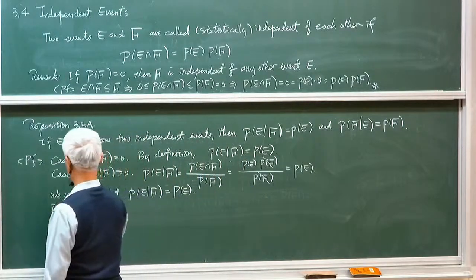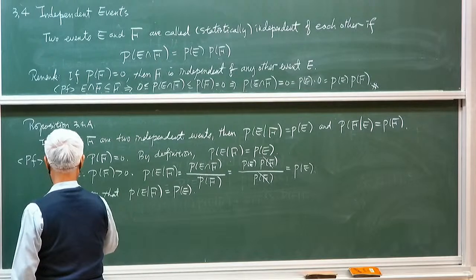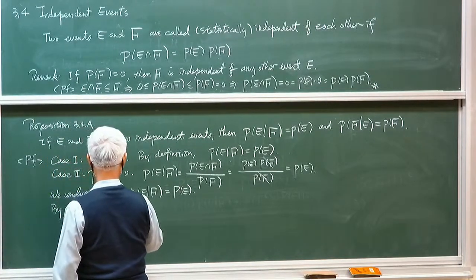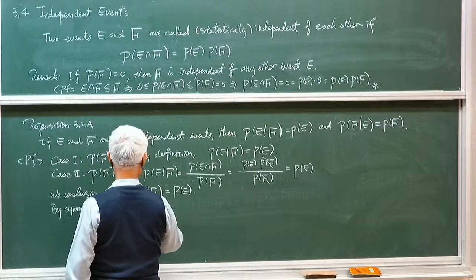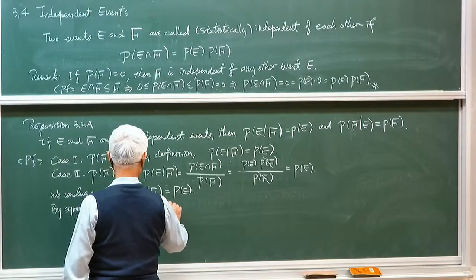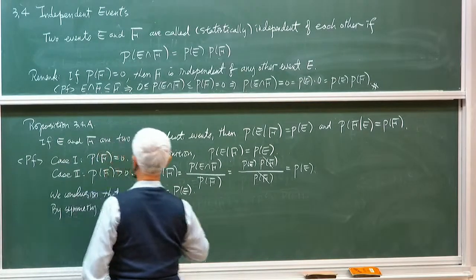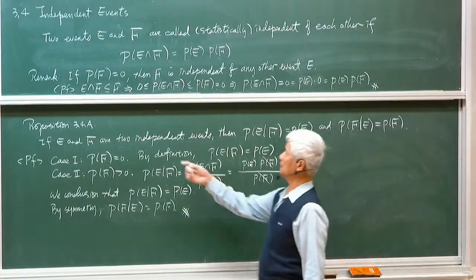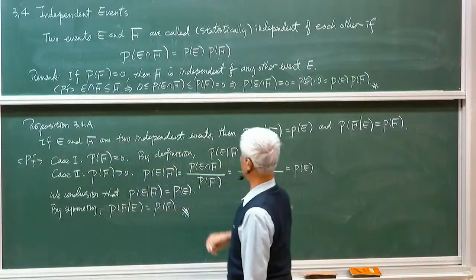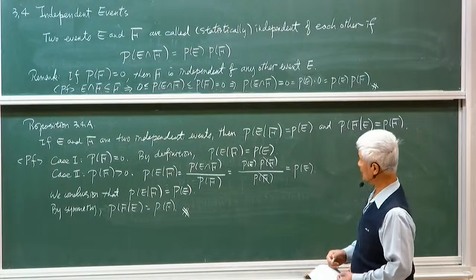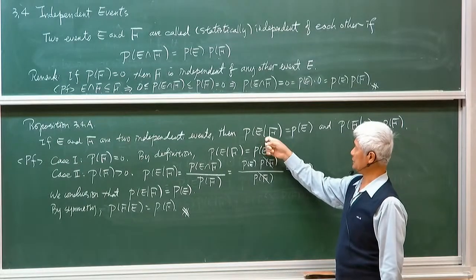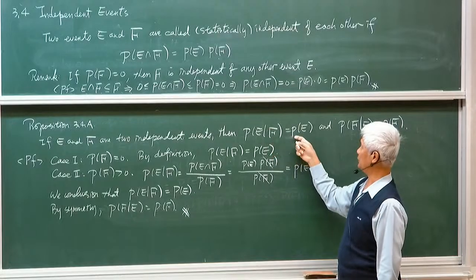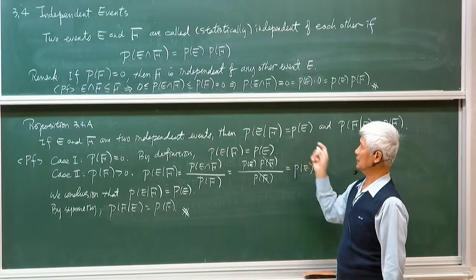And by symmetry, we know the second identity as well. So if E and F are two independent events, then the conditional probability of E given event F becomes the unconditional probability.